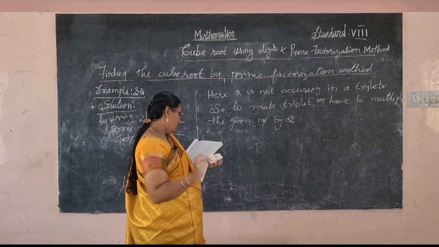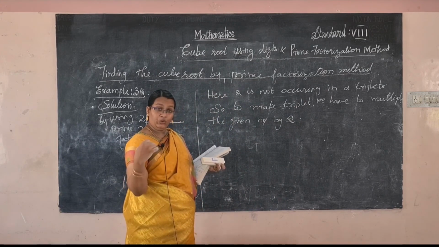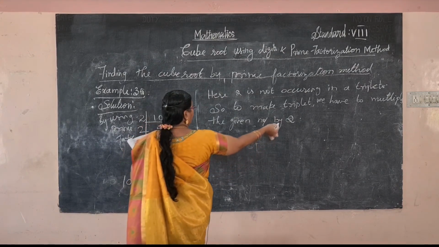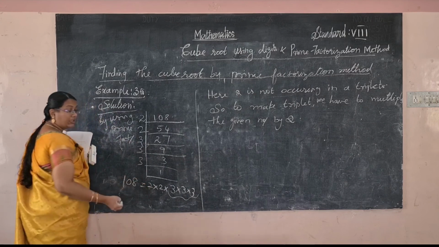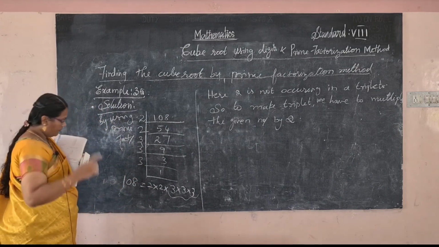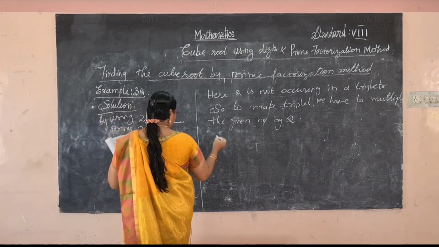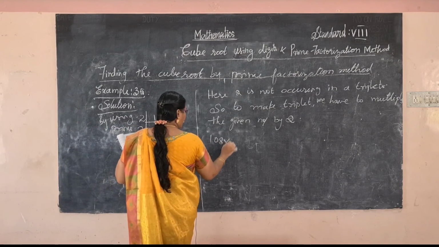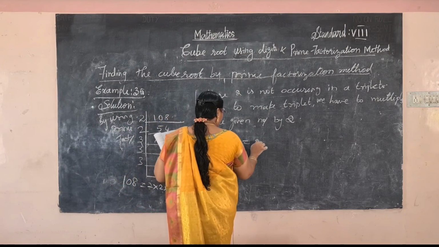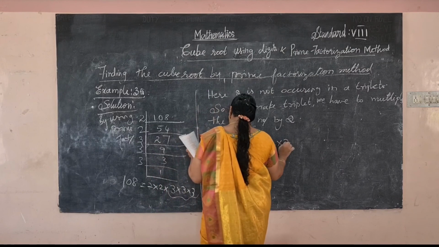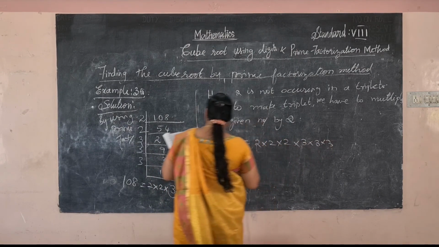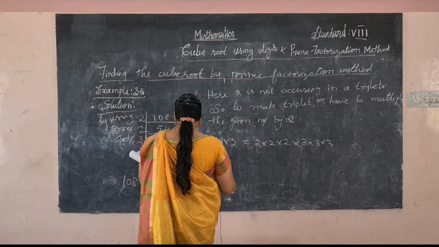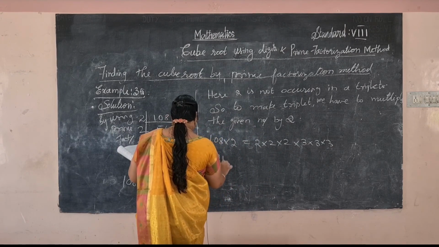What is given? Which when multiplied to 108. So we found that number as 2, because only the 2 does not occur as a triplet. So multiply both sides. 108 into 2 is equal to 2 into 2 into 2 into 3 into 3 into 3. So 108 twos are 216.